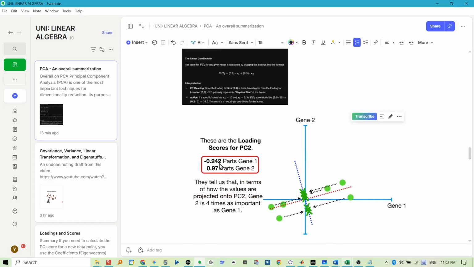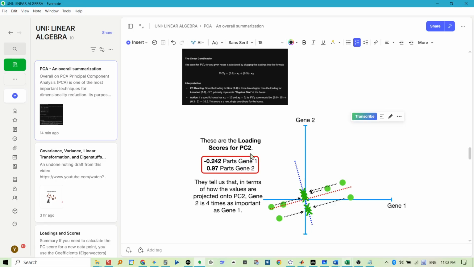Here, 0.97 for gene 2 means a very high contribution. 0.97 is closer to 1, so it means that we can describe PC2 by just Gene 2, and we don't even care about Gene 1 because it is not close to -1.